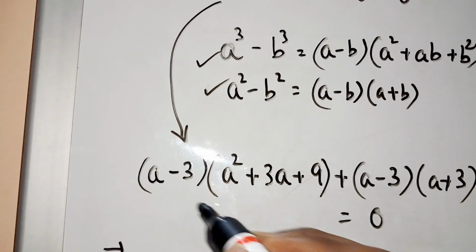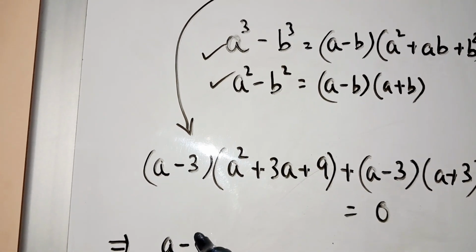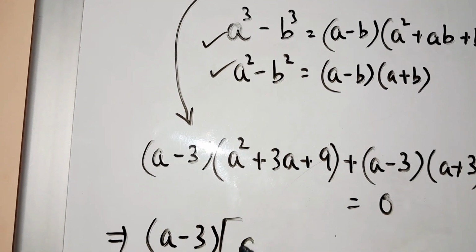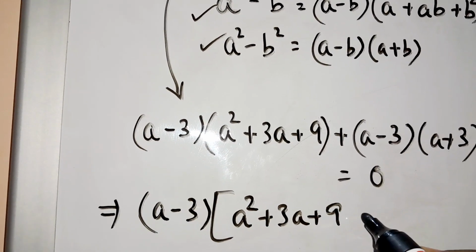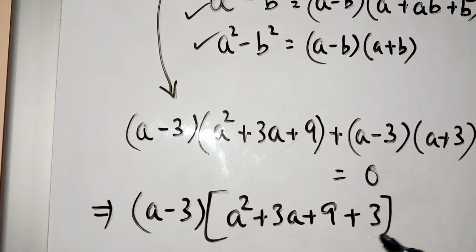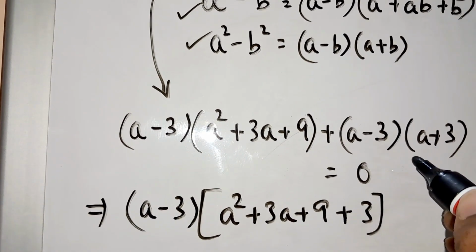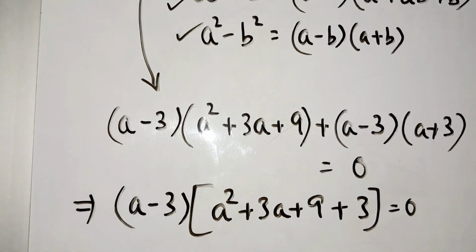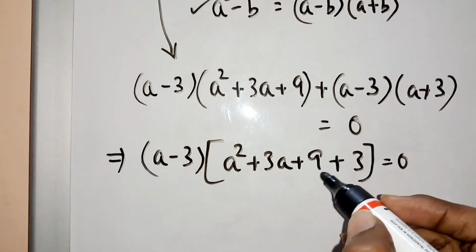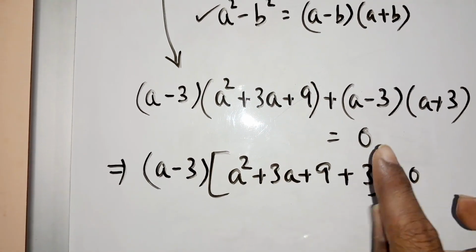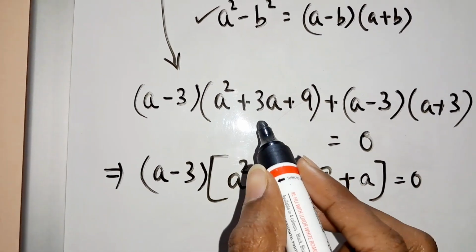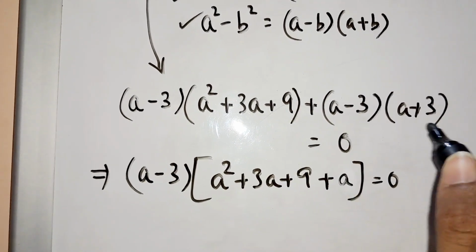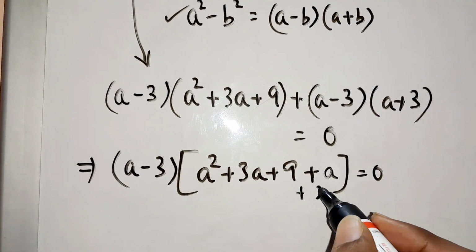Then we can take a minus 3 common from both the terms, and write the remaining. Sorry, here it is a plus 3, because from the first term we take a square plus 3a plus 9, and for the second term we take a plus 3.